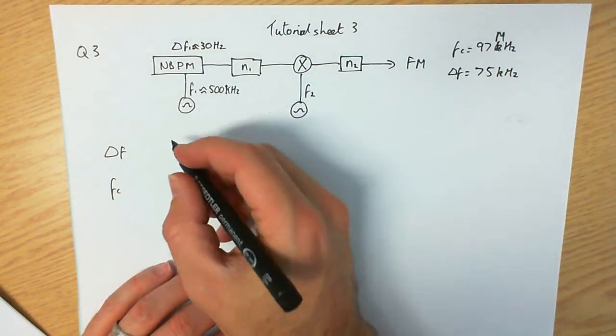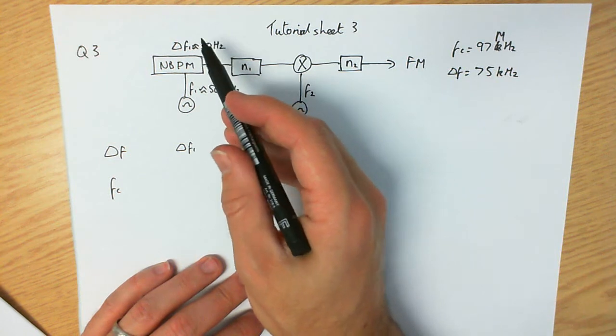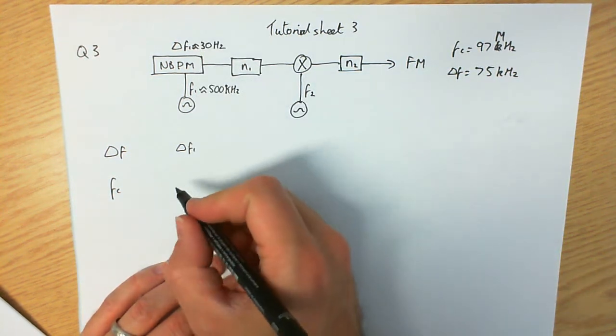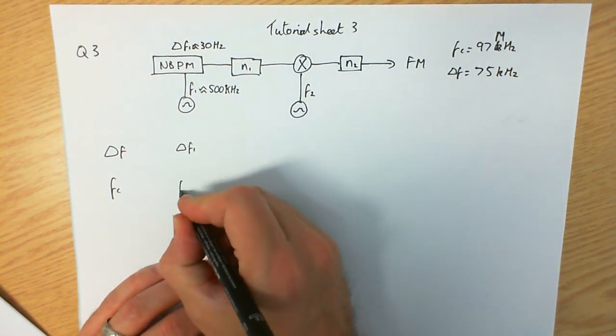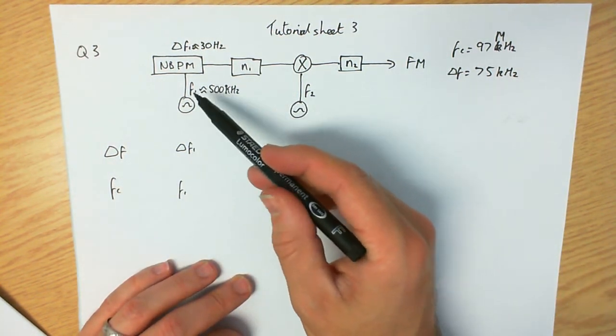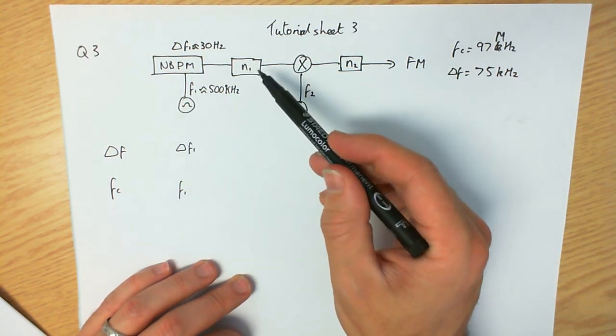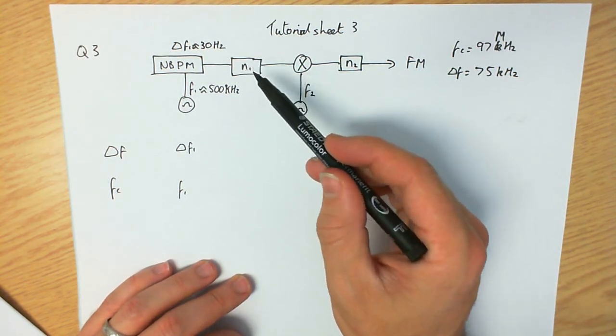At the moment we've got a delta F1 at the beginning, which, as I say, is something around 30 hertz, and an initial carrier frequency F1. As we pass through to the next part of the system, this is a frequency multiplier.